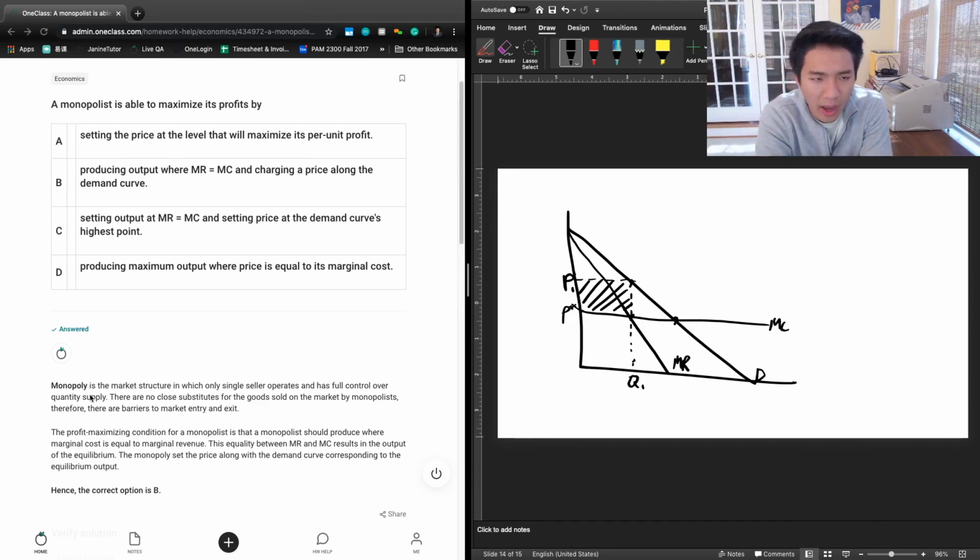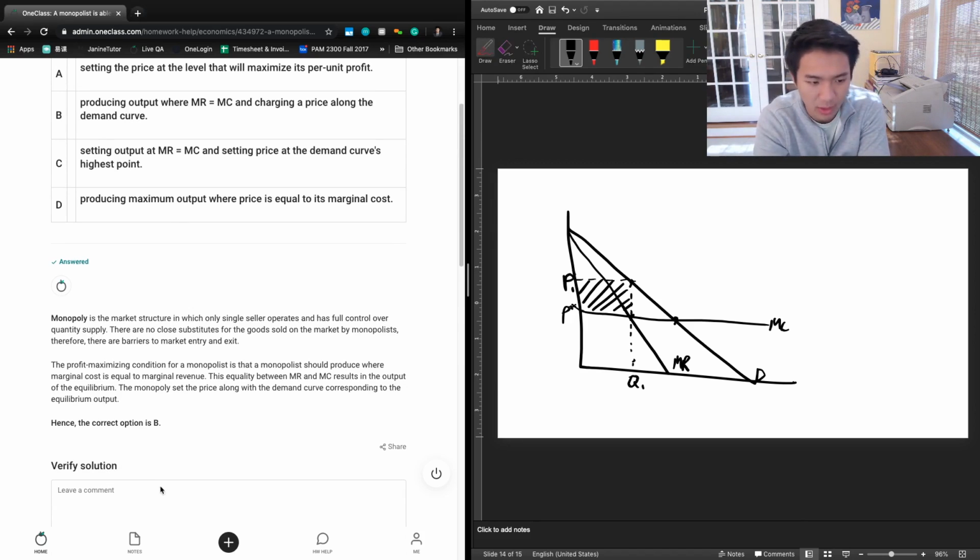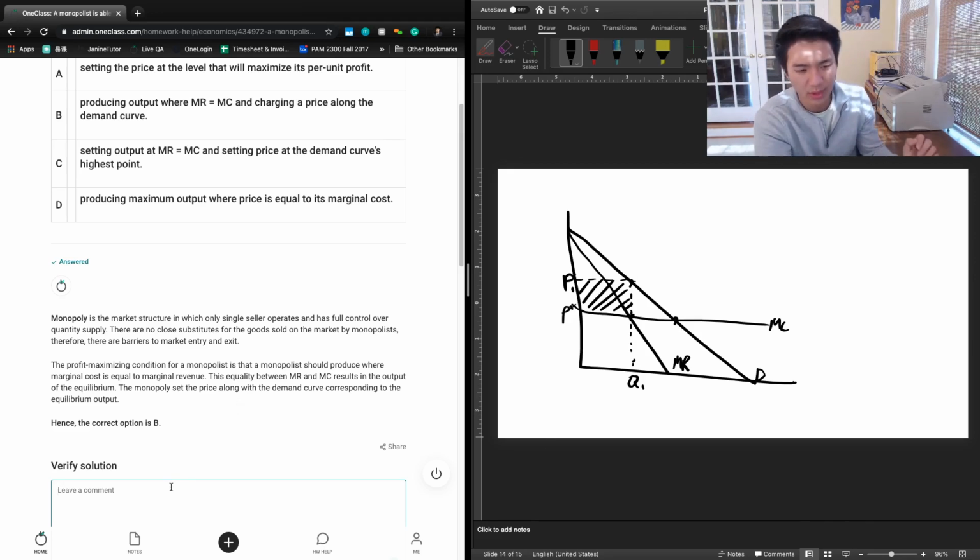So I don't like how the previous tutor used the word equilibrium, because that typically points to a perfect competition scenario where we're producing at this P star price rather than this P1 price. So why don't we just amend that really quickly?